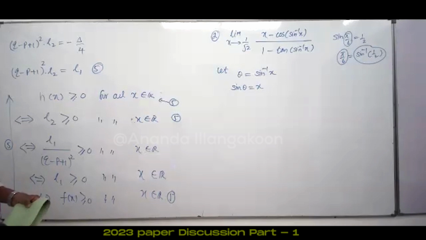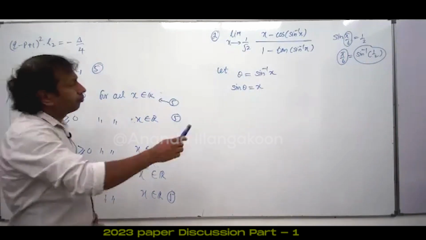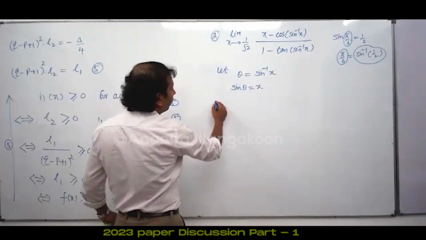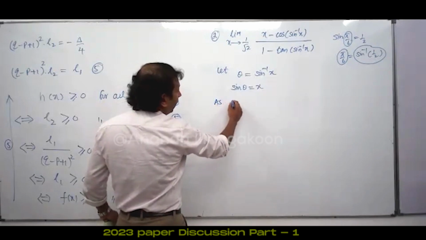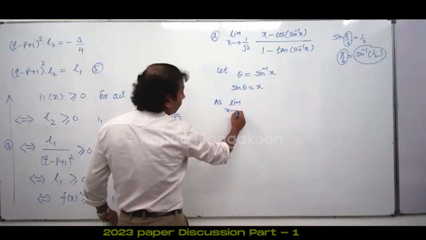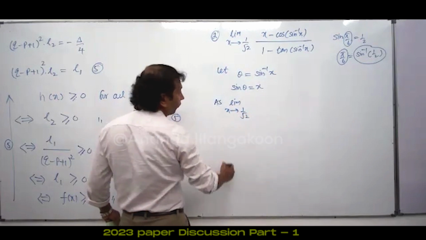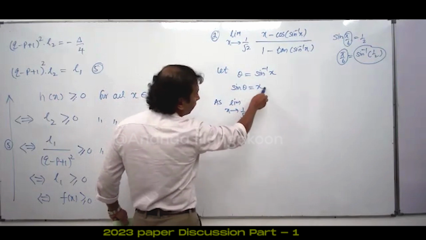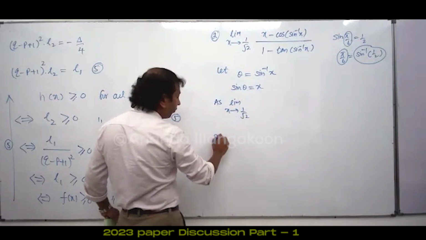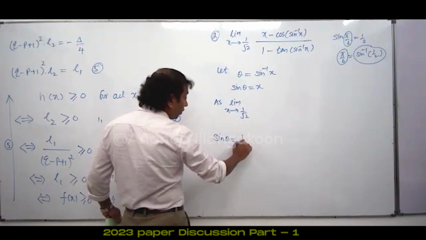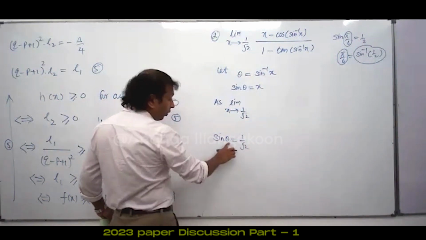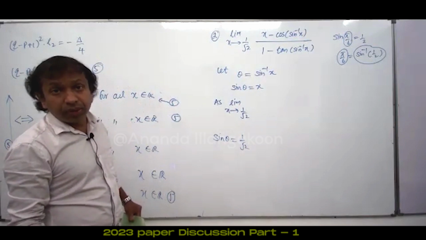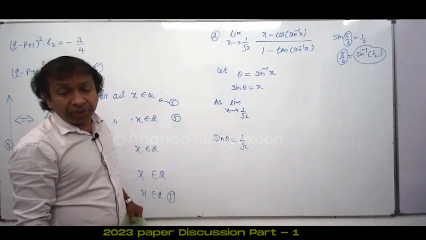Then here the limit x going to 1 over root 2, no. Suppose when I put 1 over root 2 here, then what do you get? Sine theta equals 1 over root 2. Then for what angle does sine become 1 over root 2? 45 degrees, pi by 4.